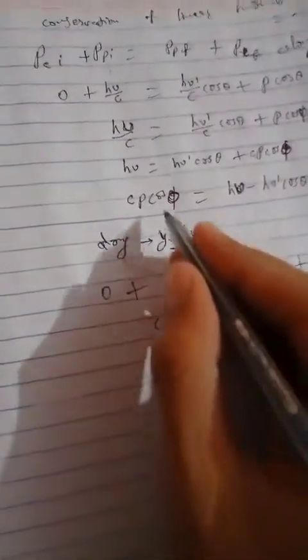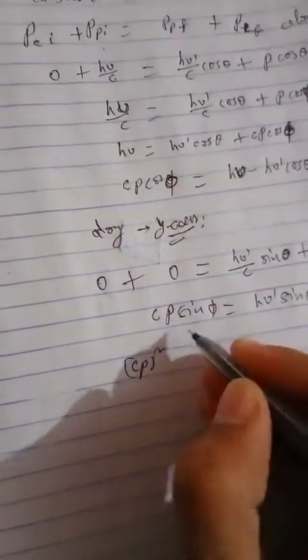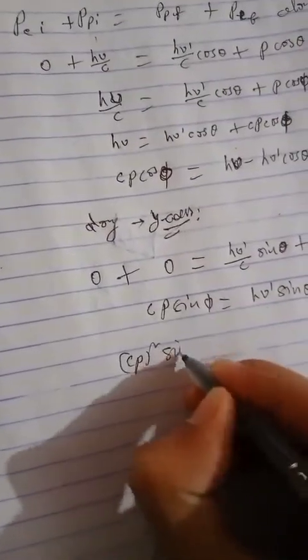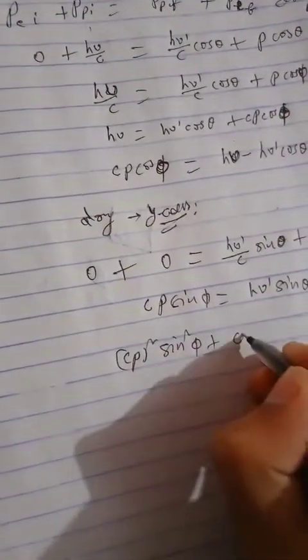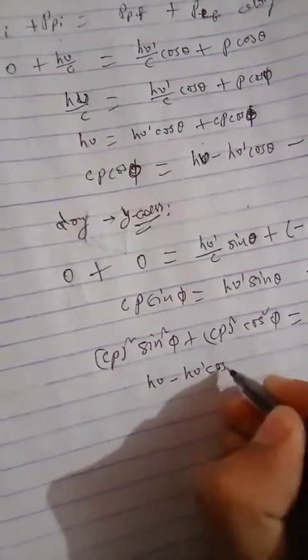Now we square these two equations, squaring both sides, and add them. We will have Cp whole square sin square phi plus Cp whole square cos square phi equals h nu minus h nu prime cos theta whole square plus h nu prime sin theta whole square.